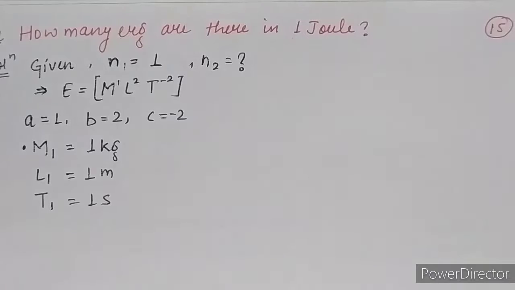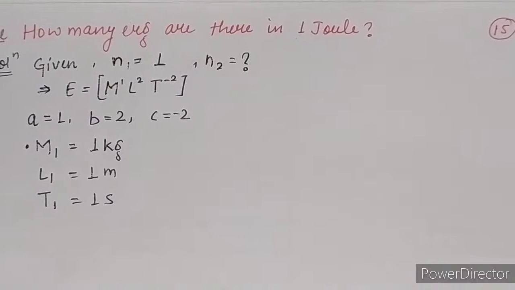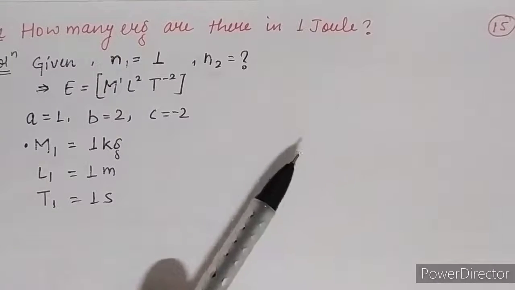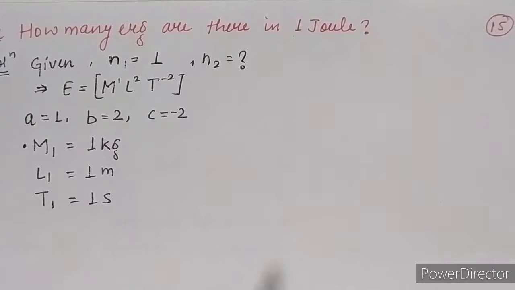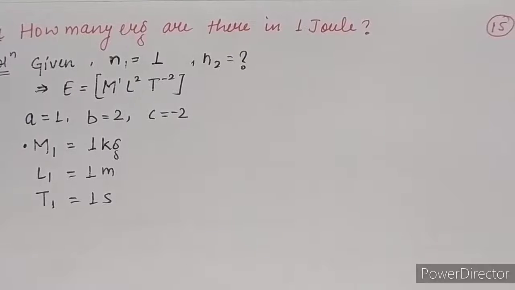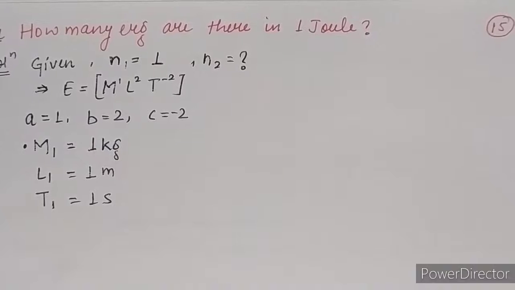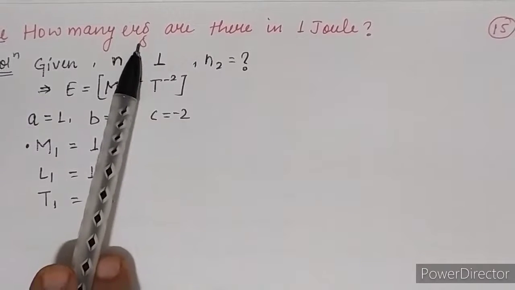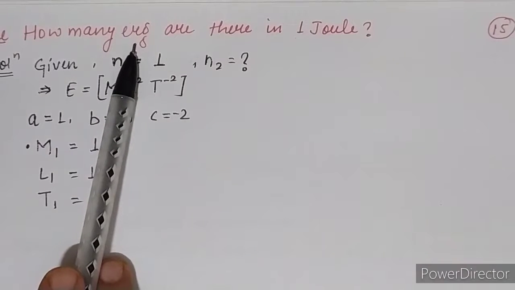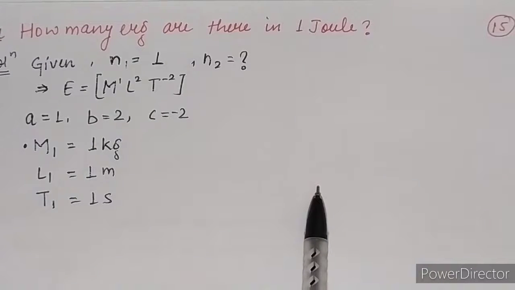Always remember, it is not confirmed that the MKS value will always be written in the numerator and the CGS value in the denominator. The value which we have to calculate, in either system of unit, should be written in the denominator. Here we have to identify the unit in the CGS system, that's why we are writing it in the denominator.